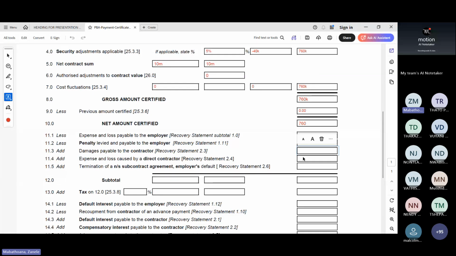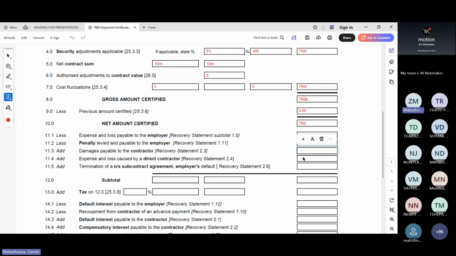So if there was damage to the works and the contractor had to do repair work, but this was not his fault, maybe caused by the employer's employees, a direct contractor, or someone like that, then the contractor needs to be paid, and we need to state that this is not part of his scope, so it doesn't go to the 10 million. This is money that he spent repairing work that had already been done.